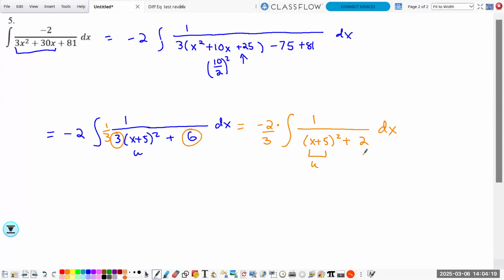Here is my u, and a is going to be √2. So I've got negative 2/3 times 1 over a arctangent of u over a plus C.